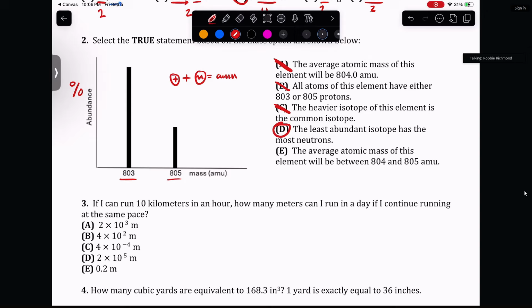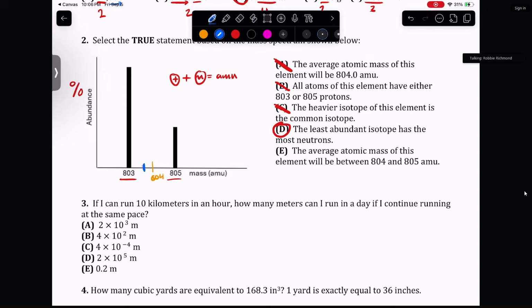But let's just look at answer choice E. The average atomic mass of this element will be between 804 and 805. I would disagree. I would say between 804 and 803, just because the abundance of isotope 803 is more prevalent than 805. So if we were to draw a line, this is 804, it would fall roughly around here.